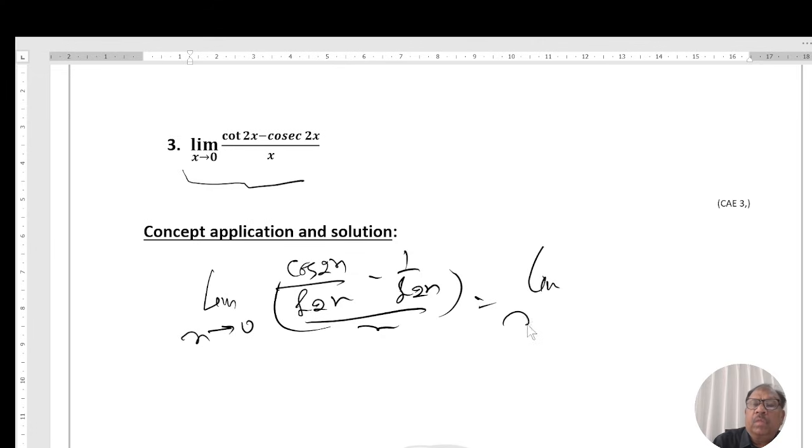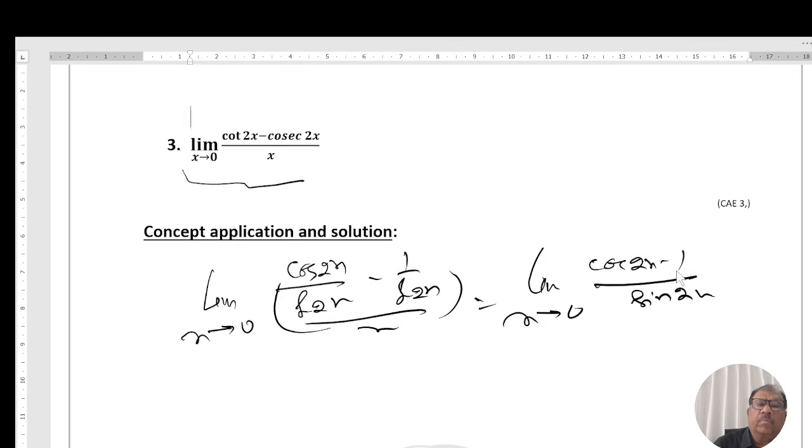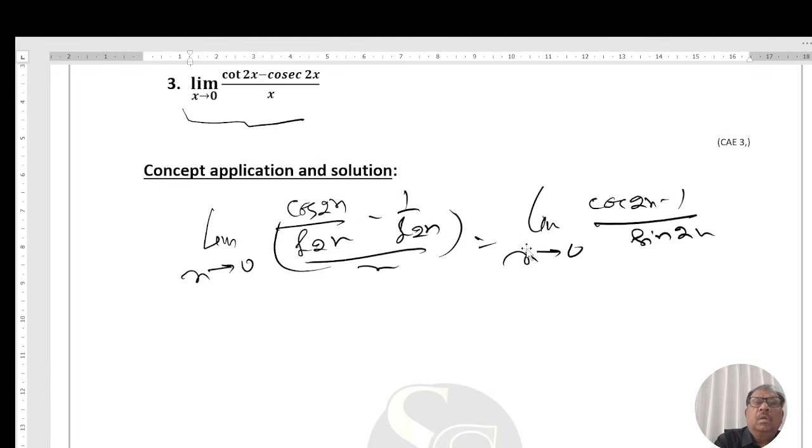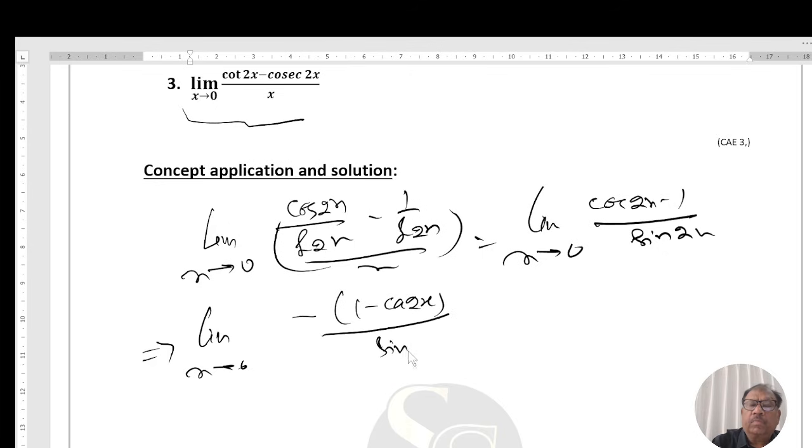Limit x tends to 0, (cos 2x minus 1) upon sin 2x. Limit x tends to 0, cos 2x, so taking minus sign common, 1 minus cos 2x upon sin 2x.